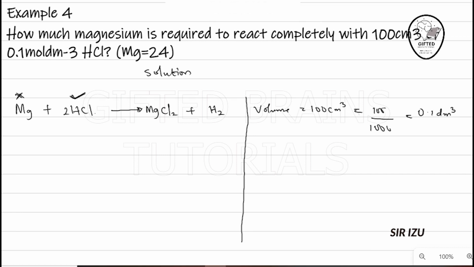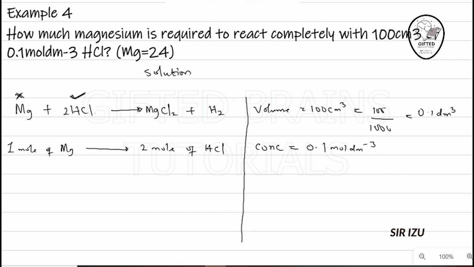The next thing is I'm given concentration, because this is a solution, which is equal to 0.1 mole per dm3. The first thing I'm supposed to write is 1 mole of magnesium, 1 mole of Mg, requires 2 moles of HCl.